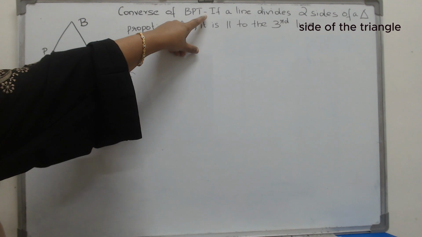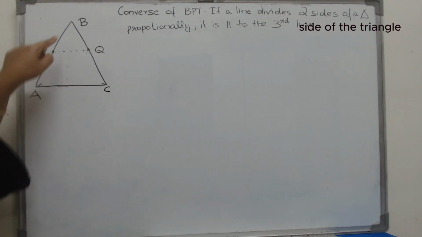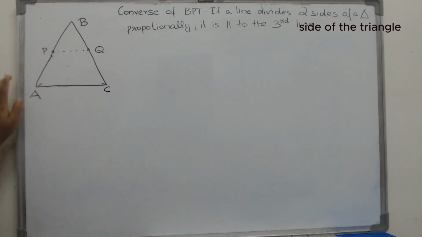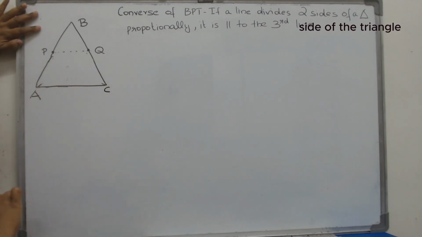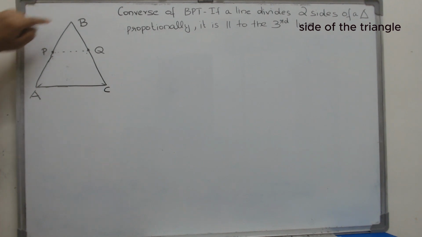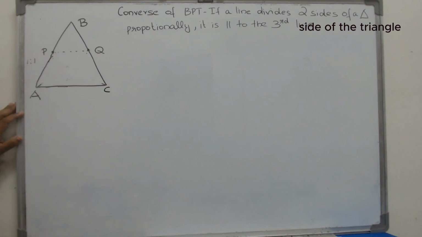It says that if a line divides two sides of a triangle proportionally, do you have that condition here? Do you have a triangle? Yes. Do you have a line? Yes. Does that line divide two sides proportionally? Yes. Why is that? Because P is the midpoint of AB, which means it divides it in the ratio 1:1.